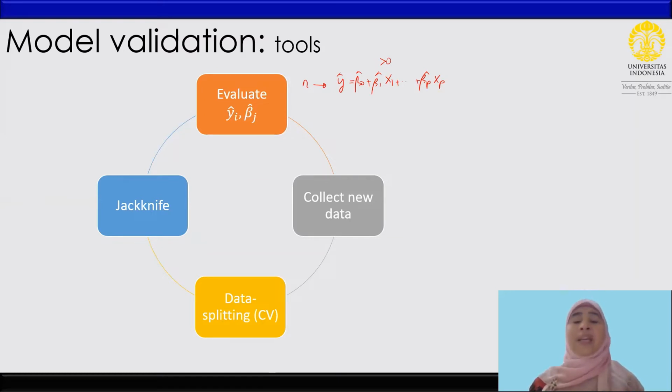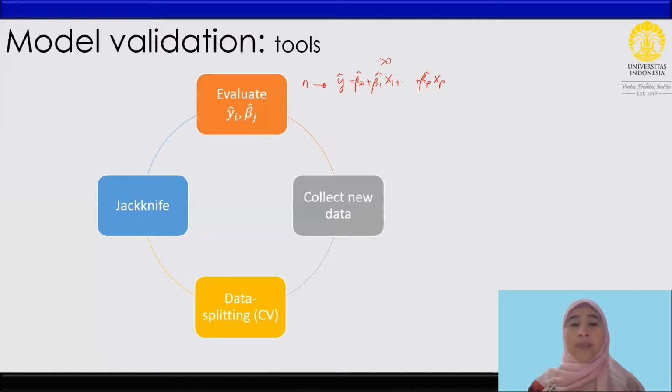In that case, it's an indication that there is some problem with your model. So again, you have to check whether your model is already in its best form, or probably you really need to check your data, whether your data is already well prepared or cleaned before you do the model fitting using the regression.